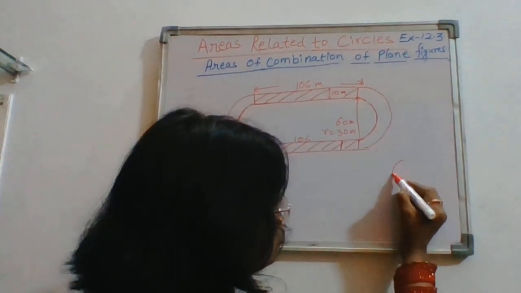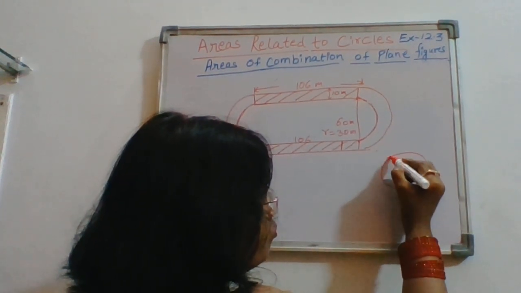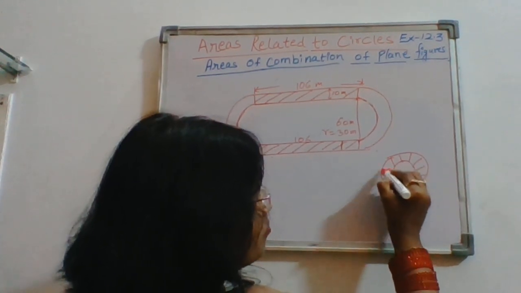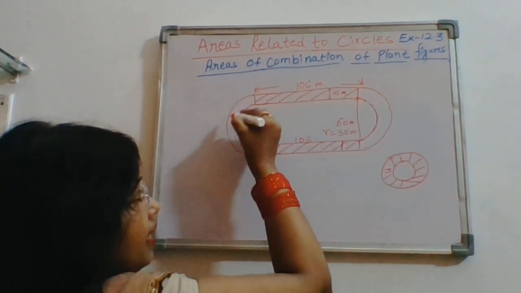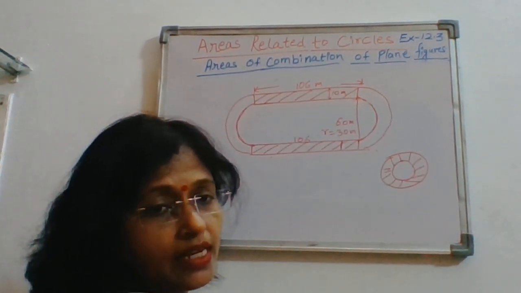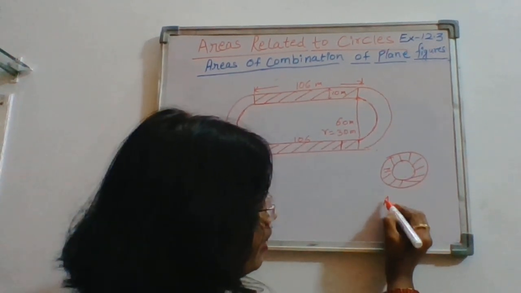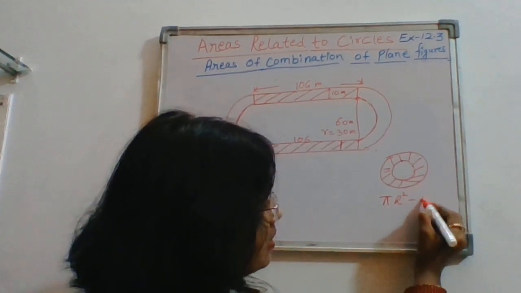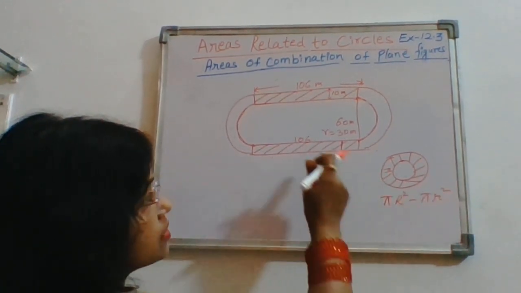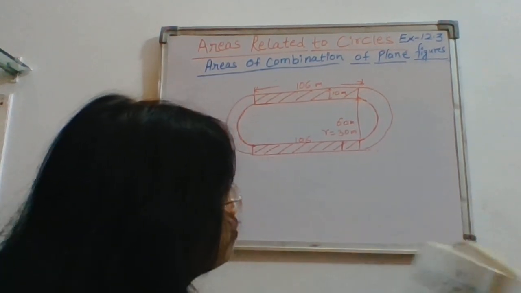When you join both the ends, you have to find the area of one ring, because here is the semicircular ring, here is the semicircular ring. When it is joined, it will form one complete ring. And we know that area of a ring is area of the bigger circle minus area of the smaller circle. So applying this, we can find the area of this complete track.